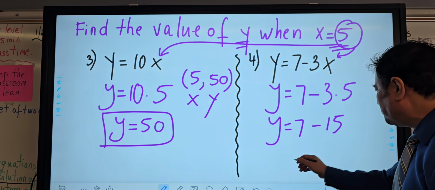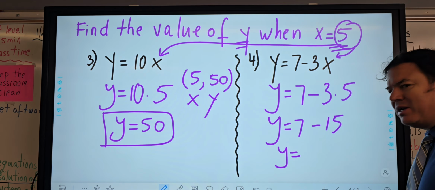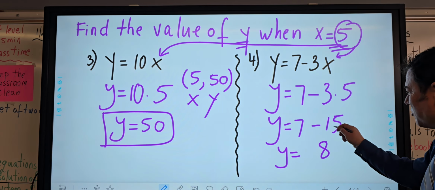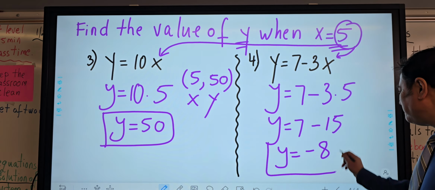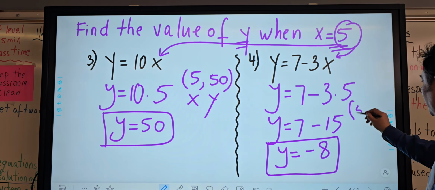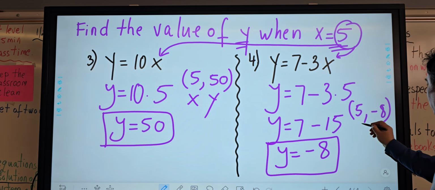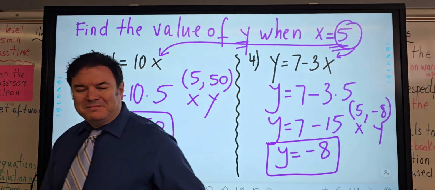So opposite sign subtract. So we are going to subtract the numbers. 15 take away 7 is 8. And then we are going to take the sign of the larger number, which is 15. So the final answer is negative 8. Okay? So x is 5 and y is negative 8, and we are done.